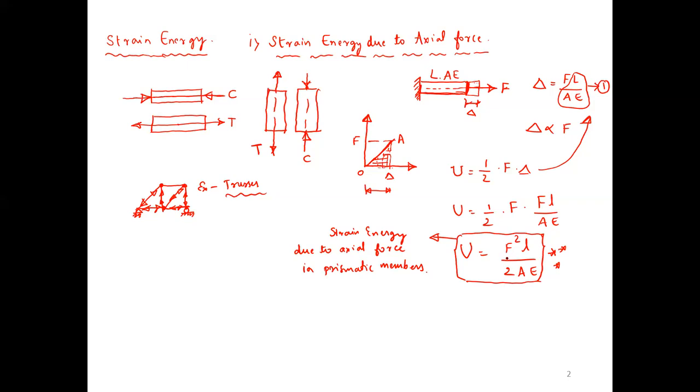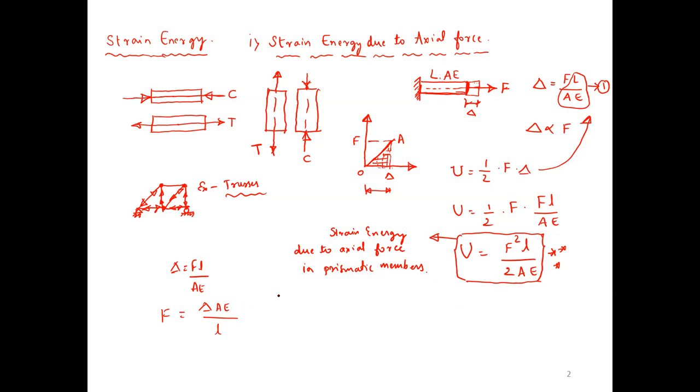Now I am expressing this equation in terms of F. Sometimes they will give the solution in terms of delta. Then the answer will not have F. You can do F square L by 2AE easily, but when they give it in terms of delta, you know that delta equals FL by AE. What is F? F equals delta upon L, AE over L. Now substitute this value in the place of F square.